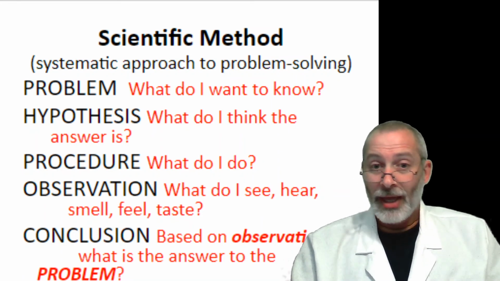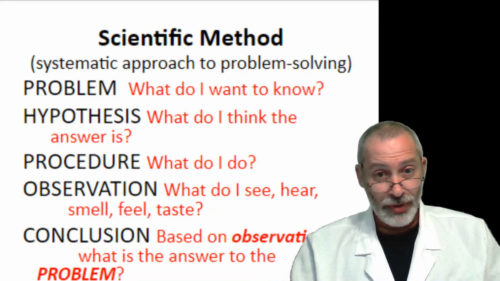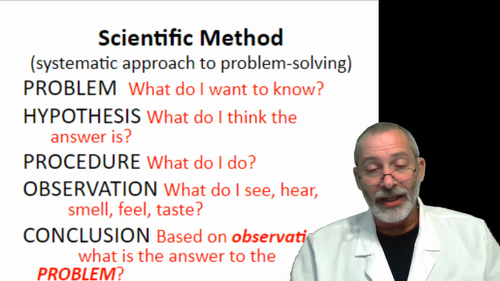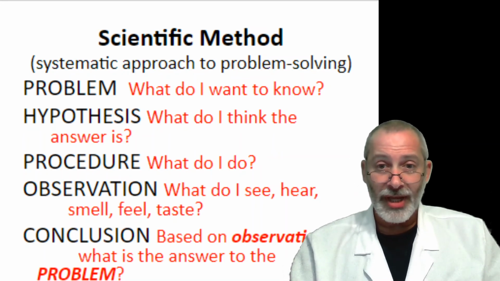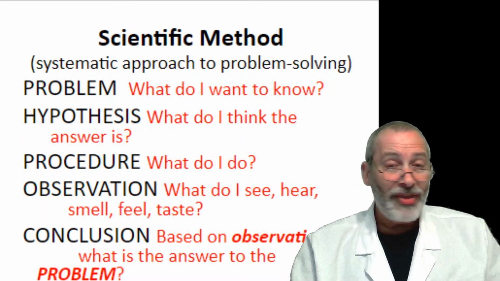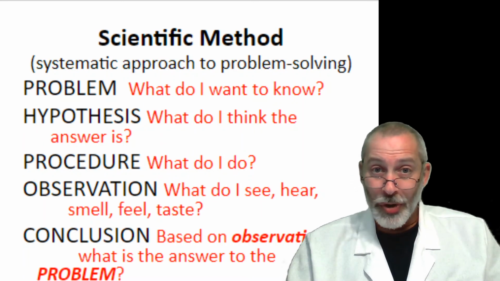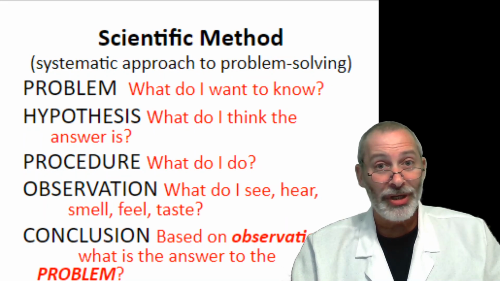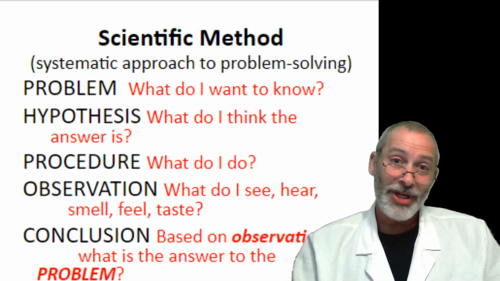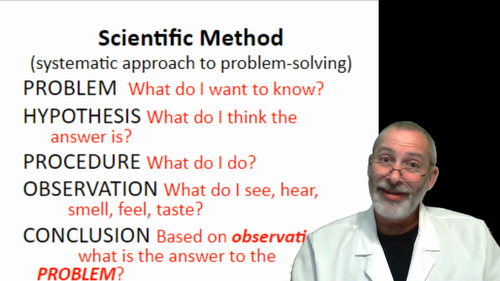Problem, hypothesis, procedure, observation, and finally, conclusion. But as you discovered in yesterday's video, this methodology, these steps, can be repeated over and over again because once you come to a conclusion, the conclusion in this particular case with the bicycle might have been the pumping didn't work.